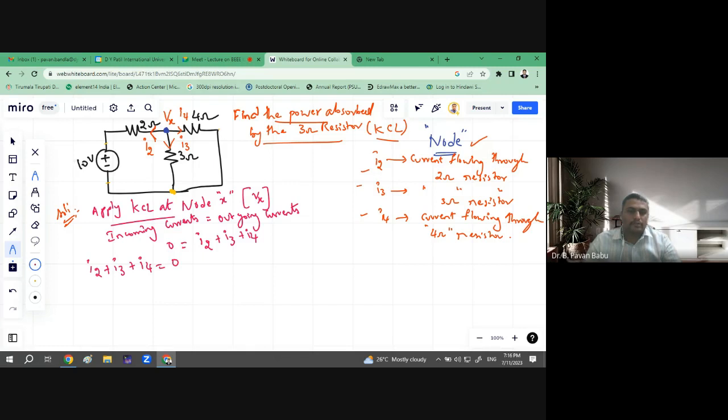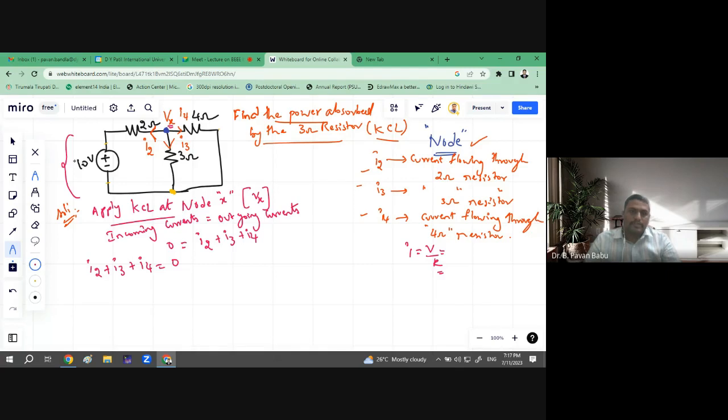We don't know the values of I2, so let me find them one by one. What is I2 here? I2 is the current flowing through the 2 ohm resistor. We know the formula: the current flowing through a resistor is I equal to V by R, where V is the voltage across that element and R is the value of the resistor.